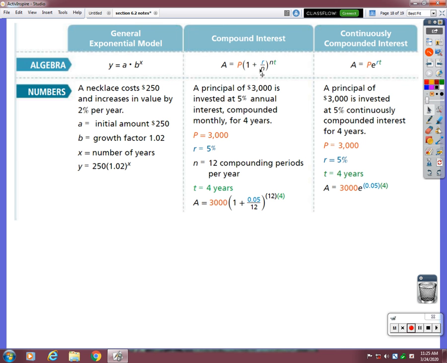It changes the formula just a little bit by adding this value of n in there, which is how often interest is compounded every year. And then finally, if you continuously, this is the key word, continuously compound interest, then that changes the formula to this right here with the natural base e. It's actually quite a bit easier to use than this one.